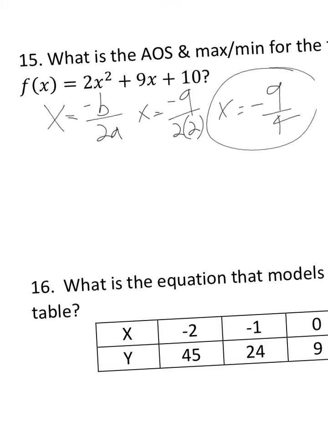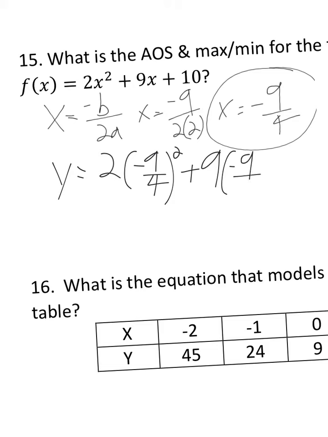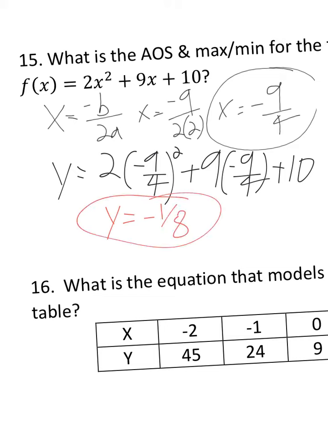We need to look for that y value, okay? So we're going to say y equals instead of f of x, because it's pretty much interchangeable anyway. 2 times negative 9 over 4 squared plus 9 times negative 9 over 4 plus 10. And when I plug that in, I get y equals negative 1 over 8. All right? So I found my vertex. My vertex is negative 9 over 4, comma, negative 1 over 8.